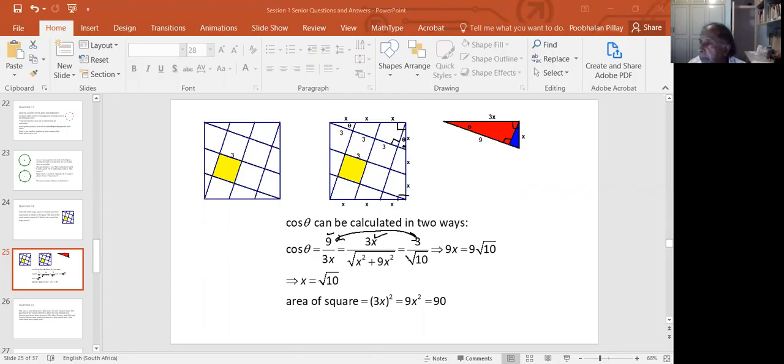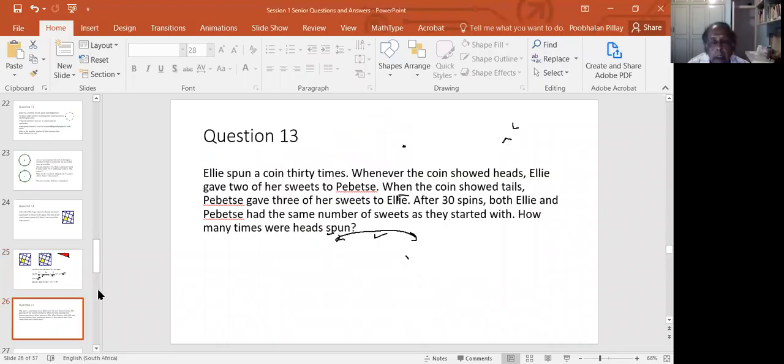The next problem is problem 13. Problem 13 says, Ellie spun a coin 30 times, right?